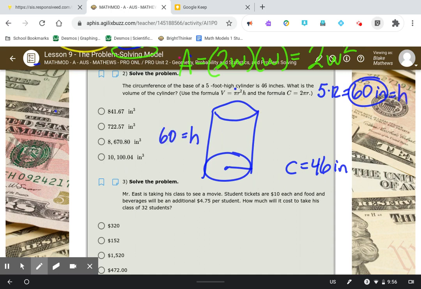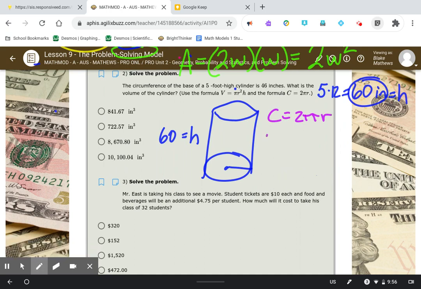What is the volume of the cylinder? Well, we know that the circumference is 46, and the formula for circumference, I'm going to erase this and write it in a different spot, is 2 pi r.